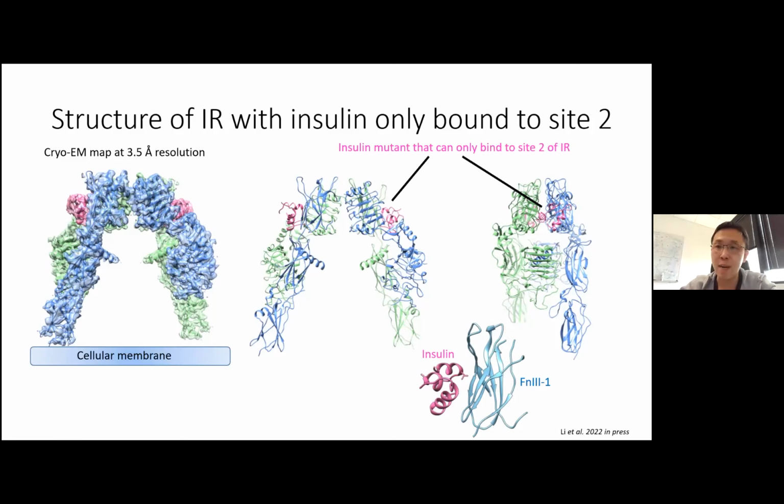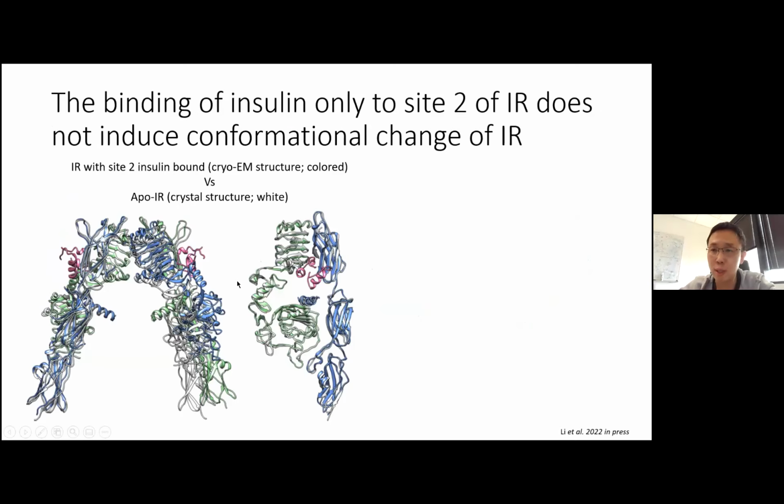But if we compare this structure with the APO structure, you can see that with only SET2 binding, the conformation of the receptor is very similar to the APO state. So although insulin can bind to SET2 in the APO state, SET2 binding alone cannot induce any conformational change of the receptor.